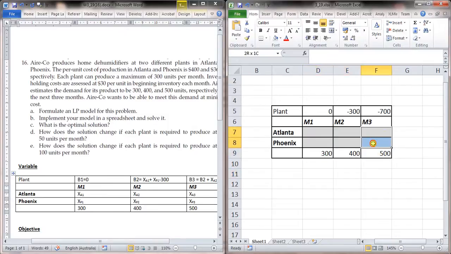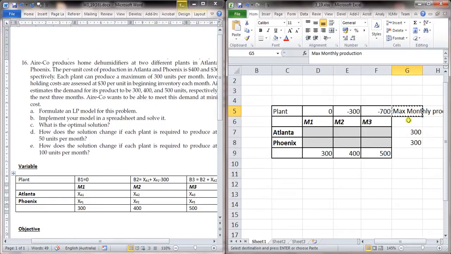These units have a maximum production of 300, so we'll put something like this, maximum monthly production, something as 300 and 300.